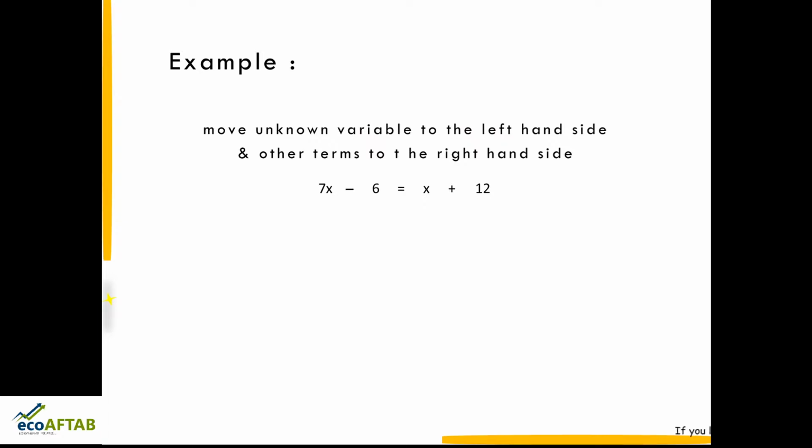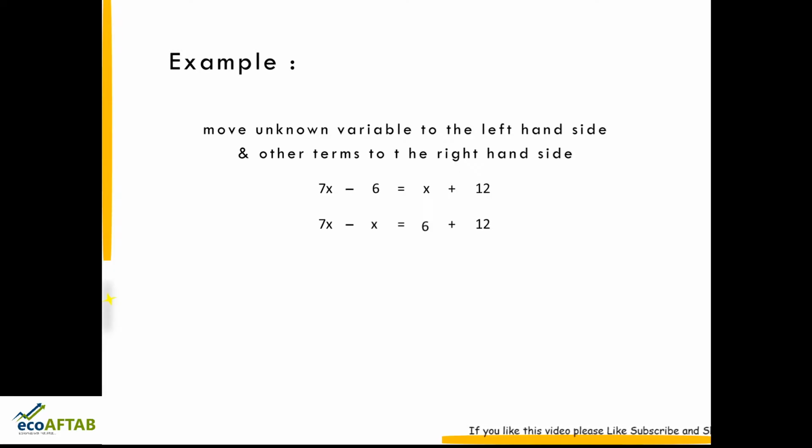The same equation, 7x minus 6 is equal to x plus 12. 7x as it is I have taken, minus 6 is equal to x. Here which is our unknown variable? x is our unknown variable and the other term is 6. So this x needs to come to the left hand side and 6 needs to come to the right hand side. So 6 has come to the right hand side and we will move x to the left hand side. So friends, unknown variables are on one side and the other terms are on the other side.